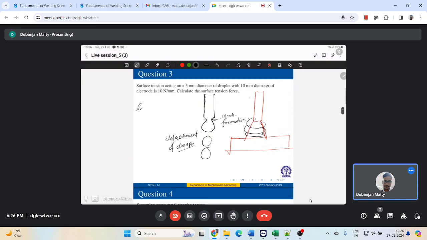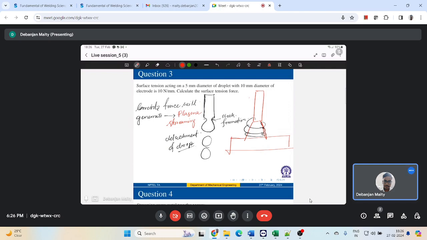So the Lorentz force will generate something called plasma streaming, right?